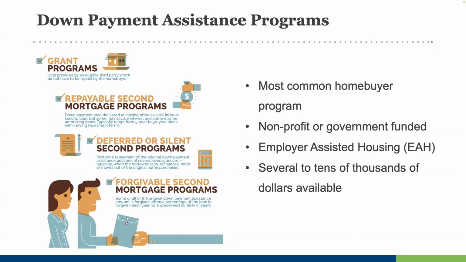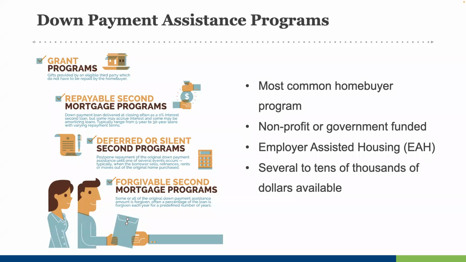So referring to the infographic here, grants are gifts that do not have to be repaid. Repayable seconds are funds provided at closing that may or may not accrue interest, and the loan could range from 5 to 30 years with varying repayment terms. Deferred or silent seconds: repayment of the original amount is postponed until one of several events occurs, commonly when the borrower sells, refinances, or there's a change in occupancy.